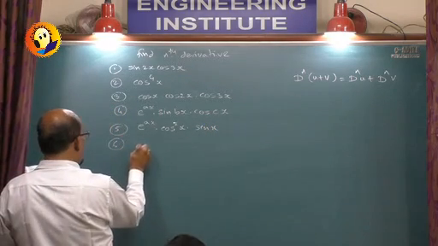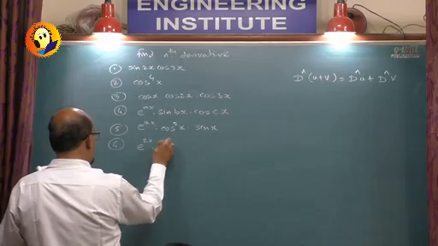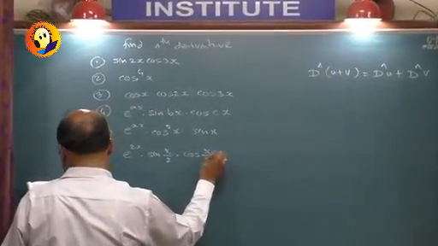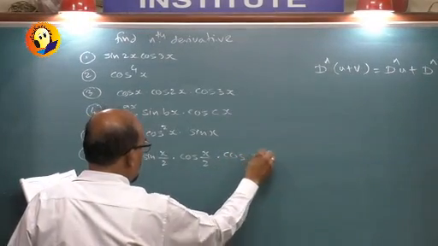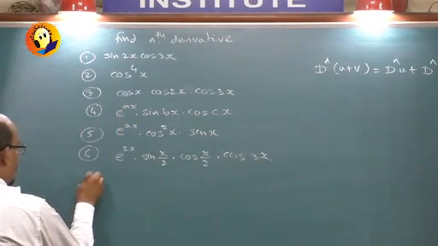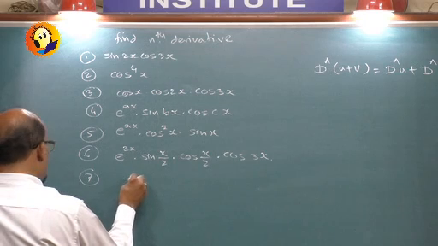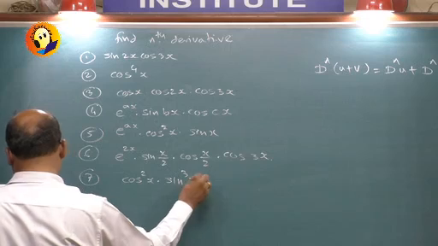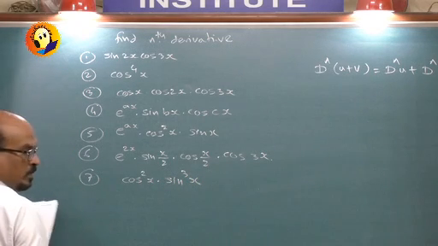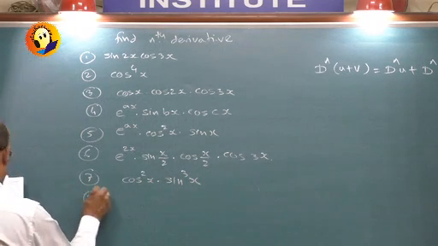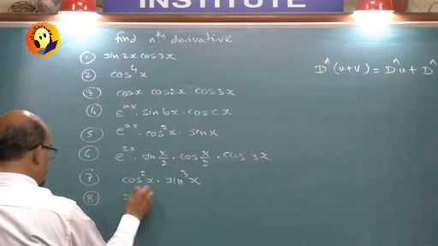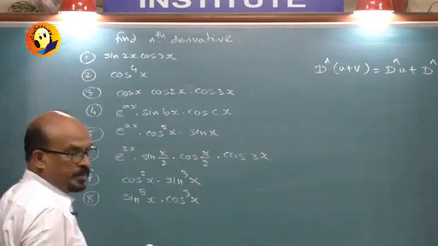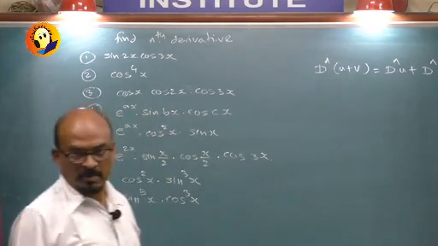Sixth, e raised to 2x into sine of x by 2 into cos of x by 2 into cos 3x. Seventh, it is cos square x into sin cube x. And those who will complete this, they will have to think of sin raised to 5x into cos cube x. All are formula based.